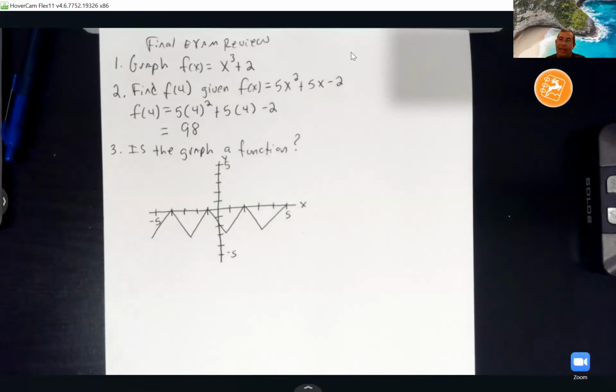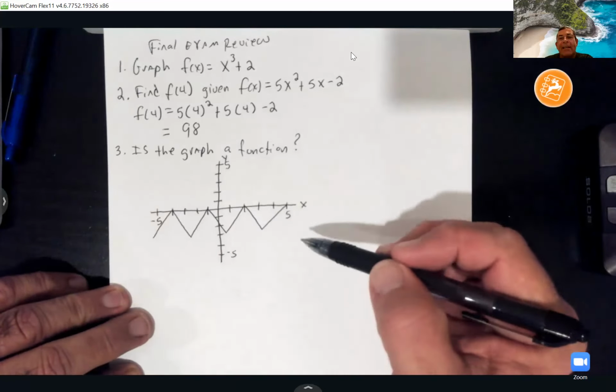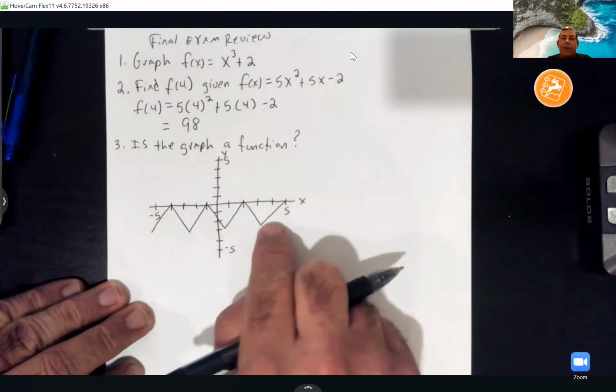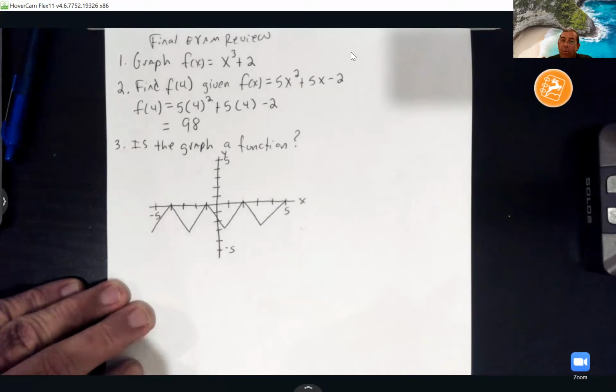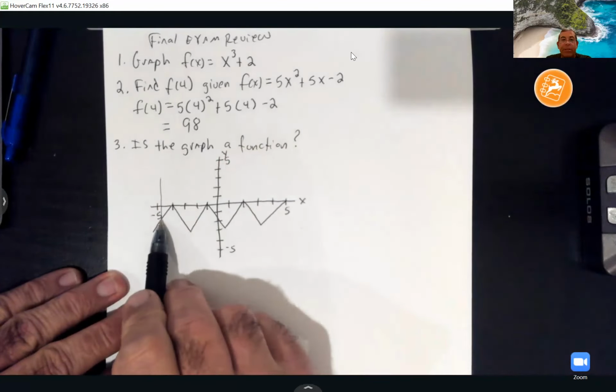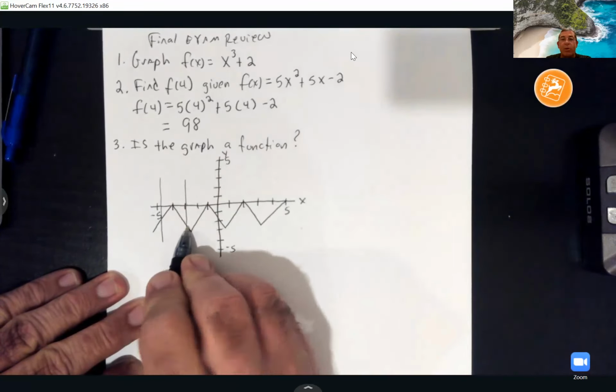So, is that the graph of a function? Well, y'all, we would use the vertical line test on this. Now, the vertical line cannot intersect this graph more than once anywhere. So if you start drawing vertical lines, it's only intersecting once here. It only intersects it once here.